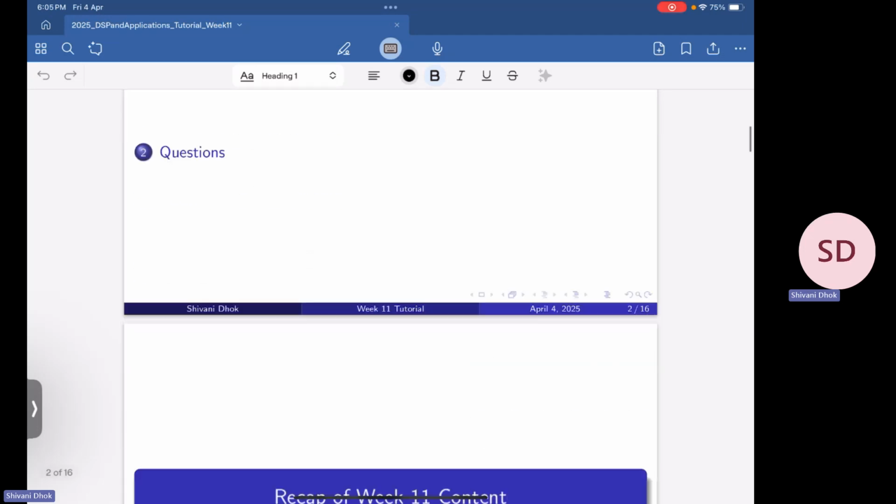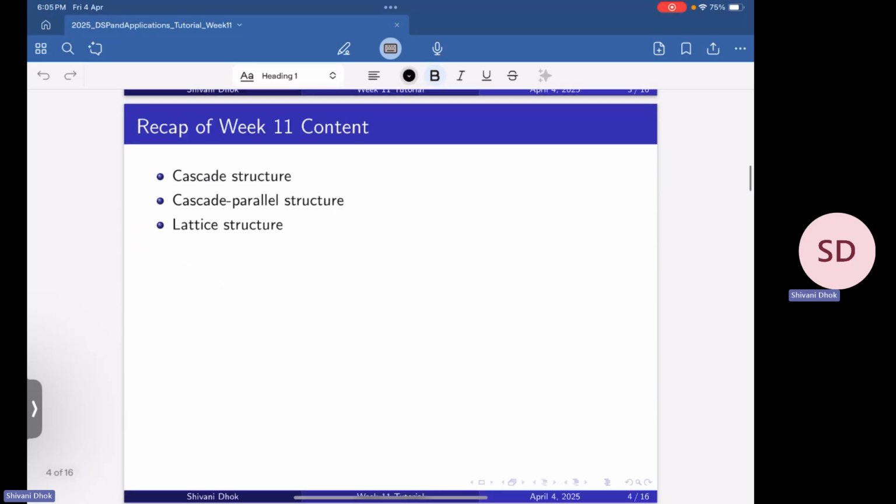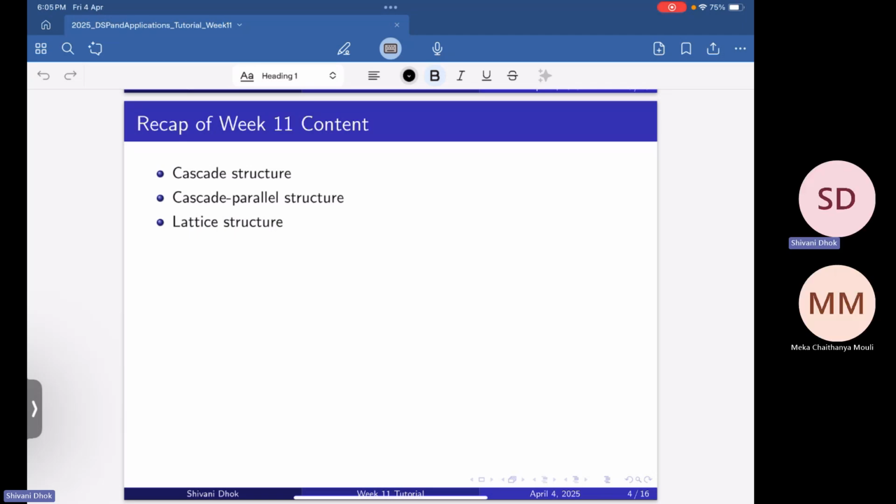With that, let me quickly start with the recap of week 11 content. In week 10, we started with discussion related to realization of systems or realization of filters.